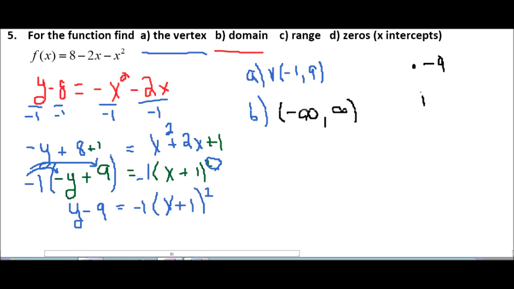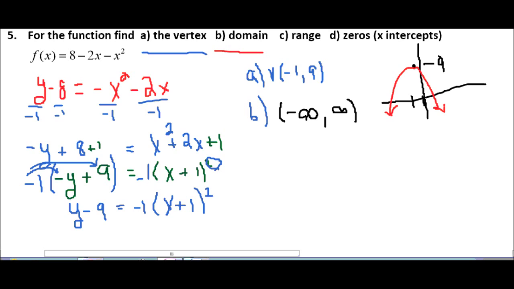We're not going to be talking about side-to-side parabolas yet, but we will probably talk about them in future chapters. For this chapter, we're only talking about up and down parabolas. So the domain will always be negative infinity to infinity.